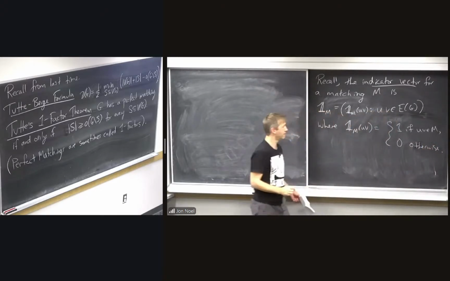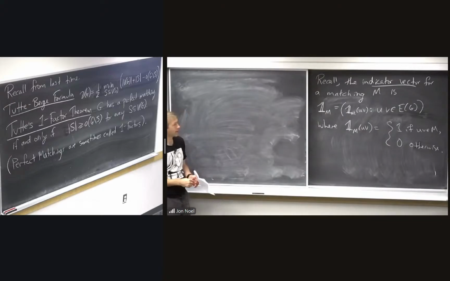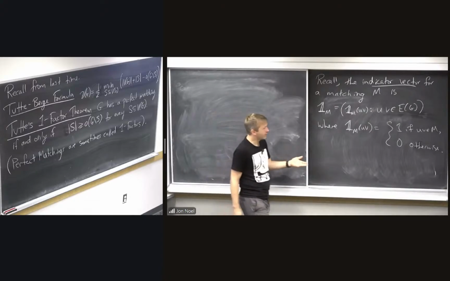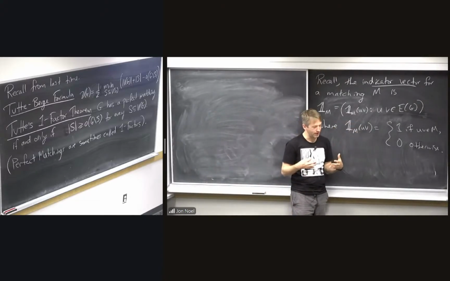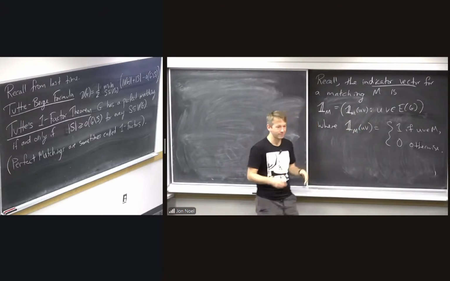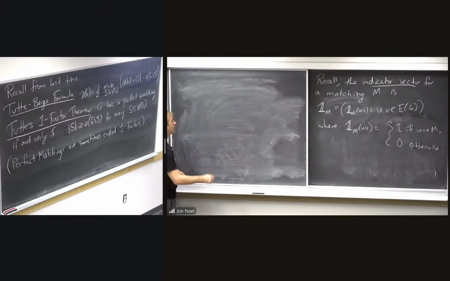So I want to make some connection between this formula and linear programming. Therefore it's useful to think of a matching in terms of a numerical vector, because that's what shows up in linear programming. So here's a definition.